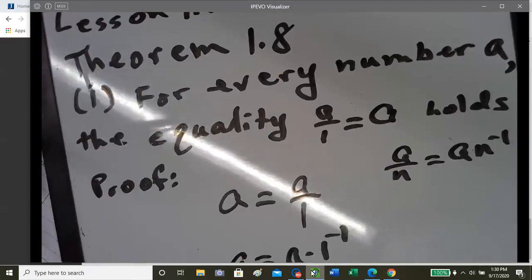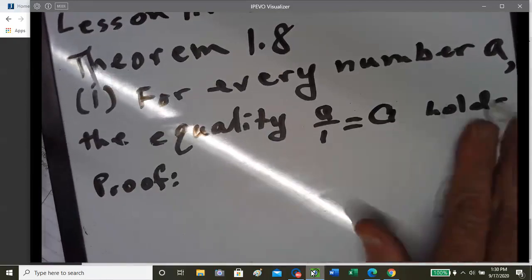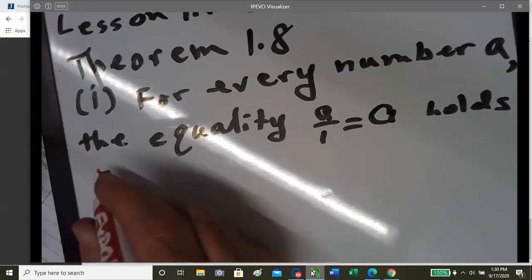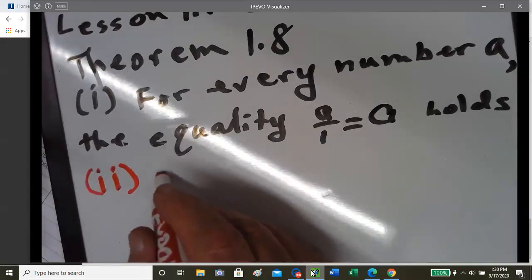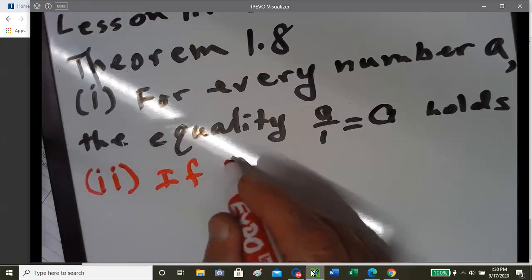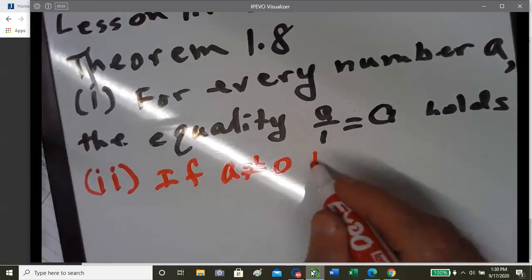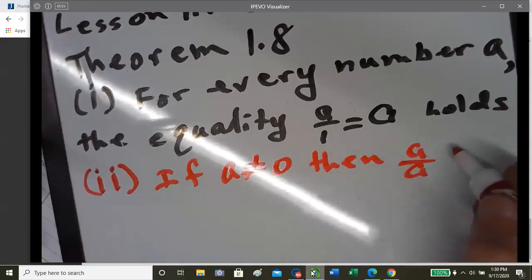Okay, so now let's take a look at part II. And that states if a does not equal 0, then a over a equals 1.